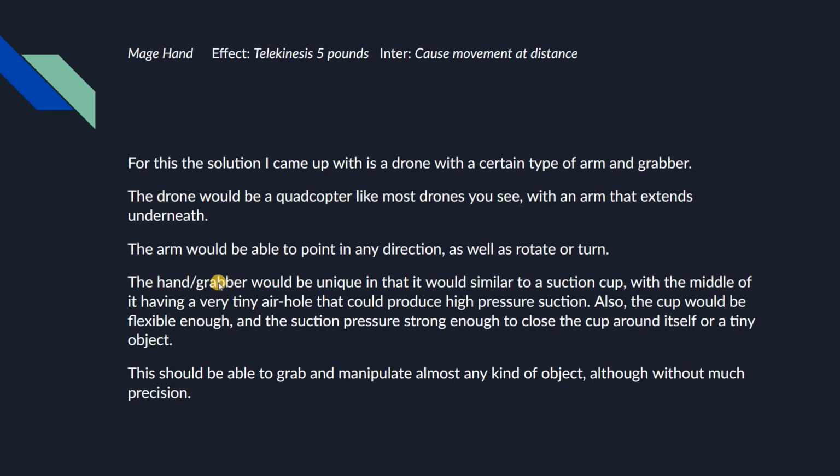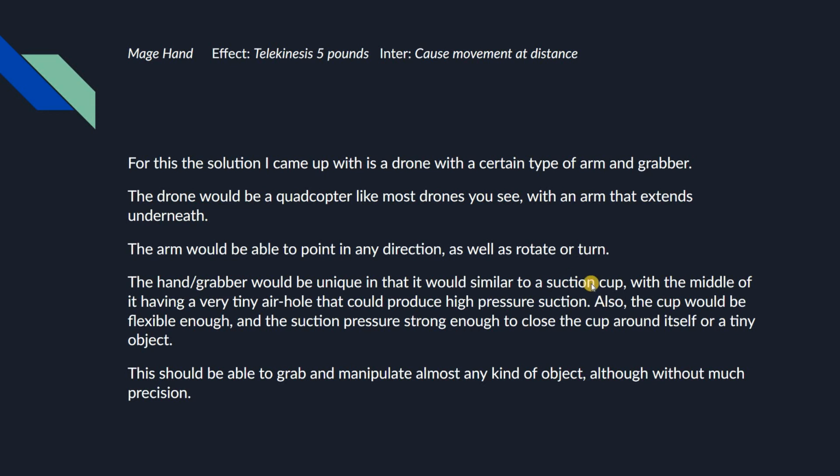So it would be unique in that the only thing really original here is I guess the combination, and also the hand grabber. I want the thing that functions as a grabber or a hand to be like a suction cup, where the middle of it has a tiny air hole that produces suction.